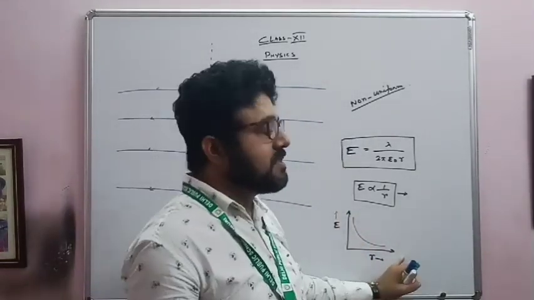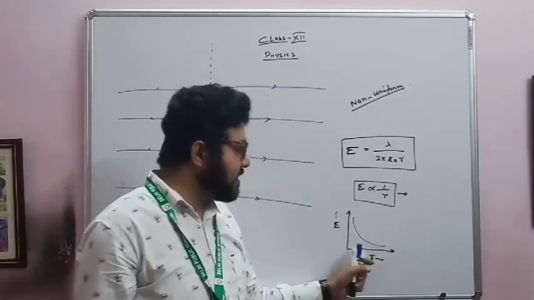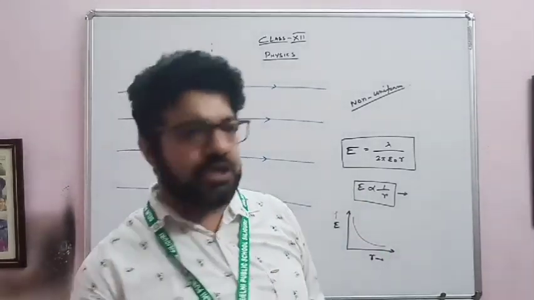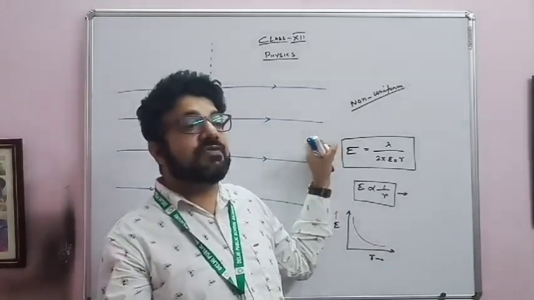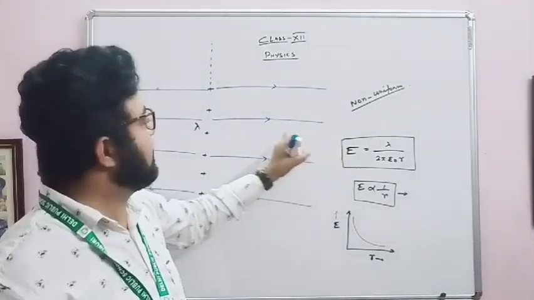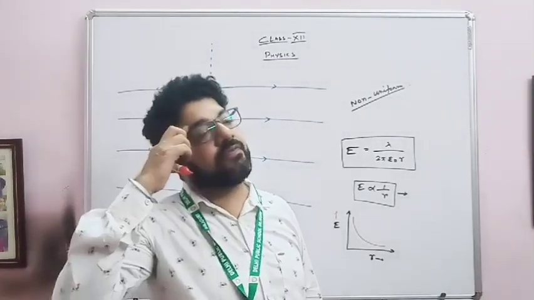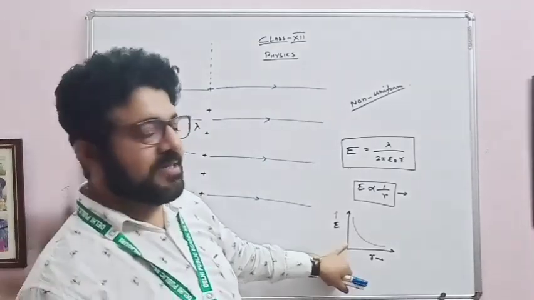If your distance is increasing, the electric field is decreasing. If your distance is decreasing, the electric field is increasing. You can say distance or position, meaning from this charged particle, if your position is increasing, the electric field is weaker, or the strength is decreasing. If it is very near, the electric field is stronger, or the field strength is increasing. Now this is one question the examiner can ask you.